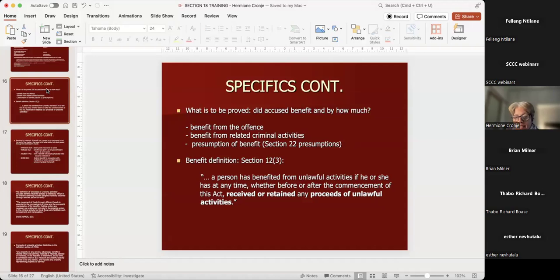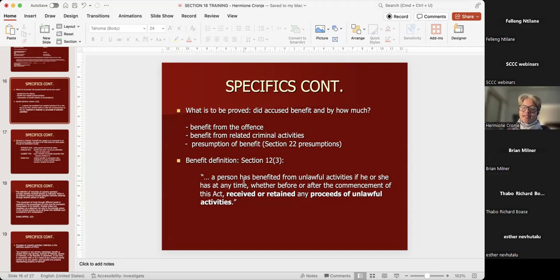And then there are also presumptions in Section 22 of the Act. Those presumptions relate to unexplained income: a presumption will kick in as to it being from the proceeds of crime, and the defendant has the burden to rebut the presumption.